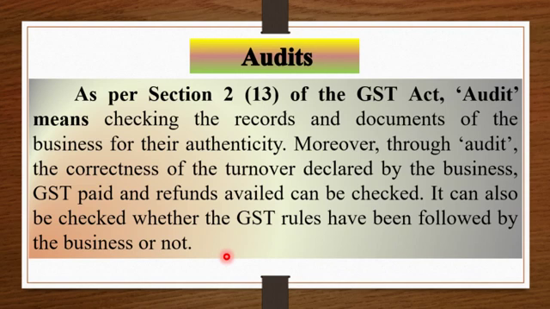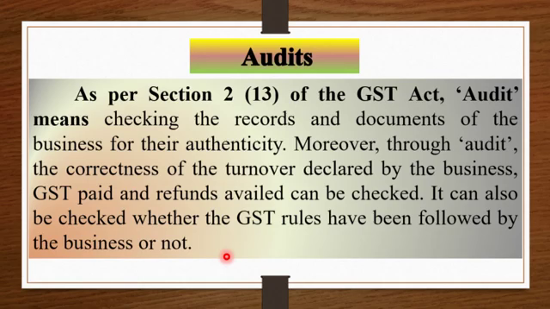The GST audit procedure says that the authorized officer and officials accompanying him shall conduct the audit of books and accounts of the registered person. They will verify all the requisite documents, that is, shall verify the books maintained by the registered person and the return and statement furnished under the Act.